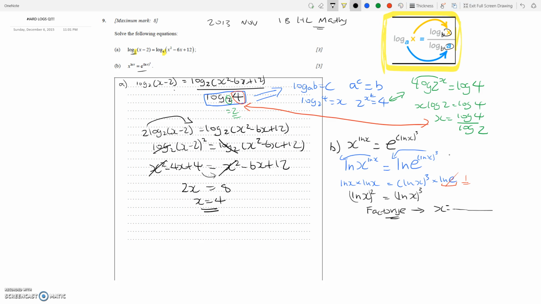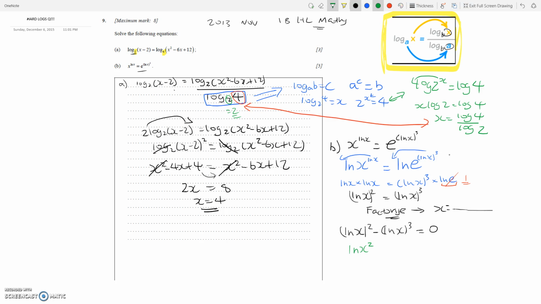And the best way is if you move everything to one side. So let's just say ln x squared minus ln x cubed equals 0. So we take the common factor, which is ln x squared.